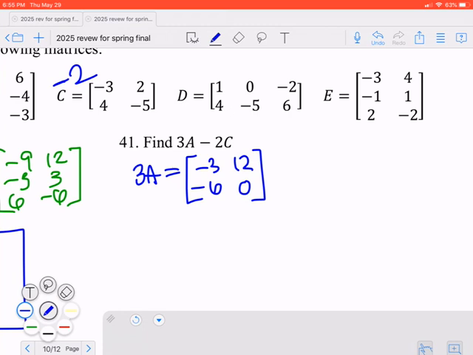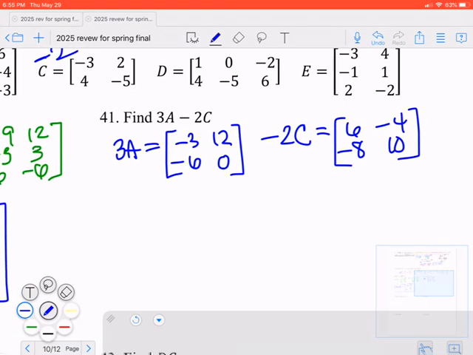So that would be up to you. I'm going to find negative 2C. 6, negative 4, negative 8, positive 10. So now that that's negative 2C, I'm going to be adding them. Plus negative 2C is the same as minus 2C.